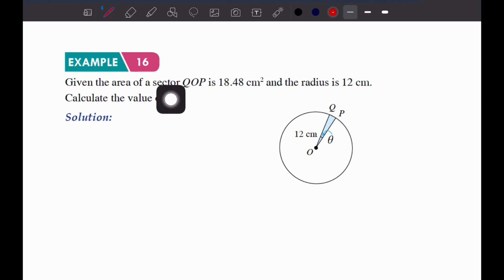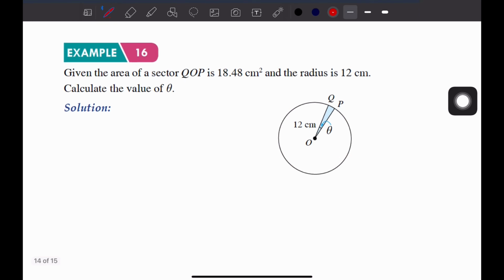Given the area of sector QOP, the small one, is 18.48 centimeter square and radius is 12, calculate the value of theta. The same thing, you can write the formula first. Area of sector QOP is equal to theta over 360 times pi r square.